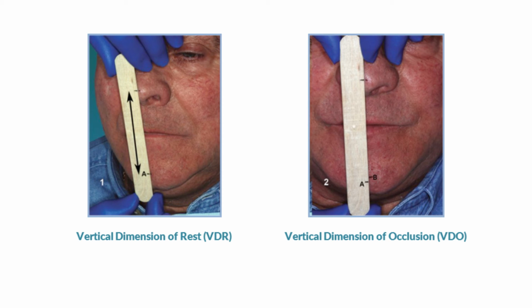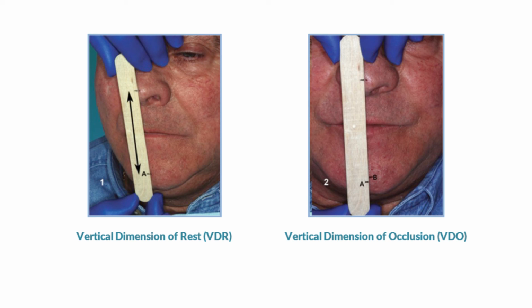So let's say we're equilibrating somebody's mouth, and we take that green stripe football, and let's say we're heavy-handed, and we just go to town on those teeth. What do you think is going to happen to the difference between VDR and VDO? The difference is going to get bigger.